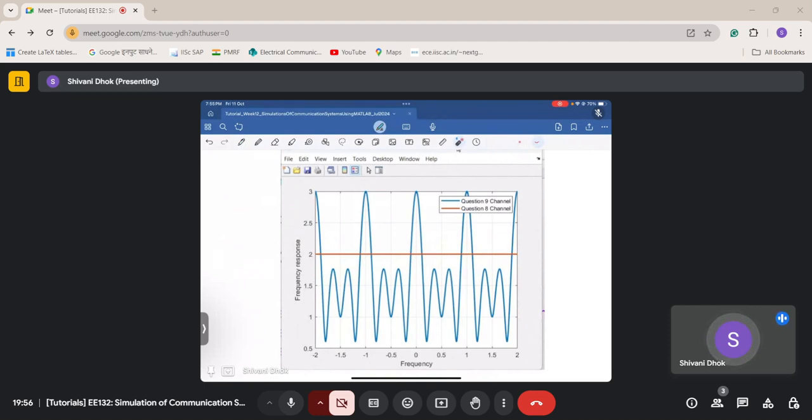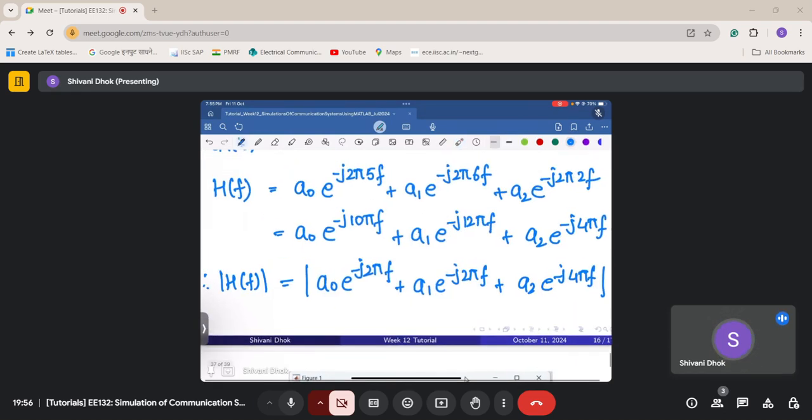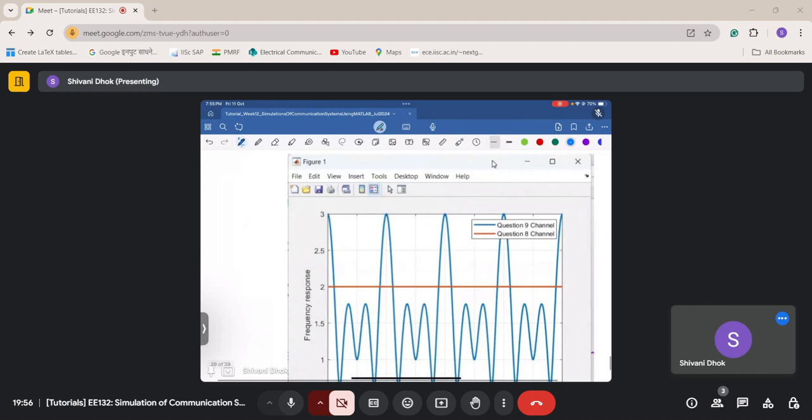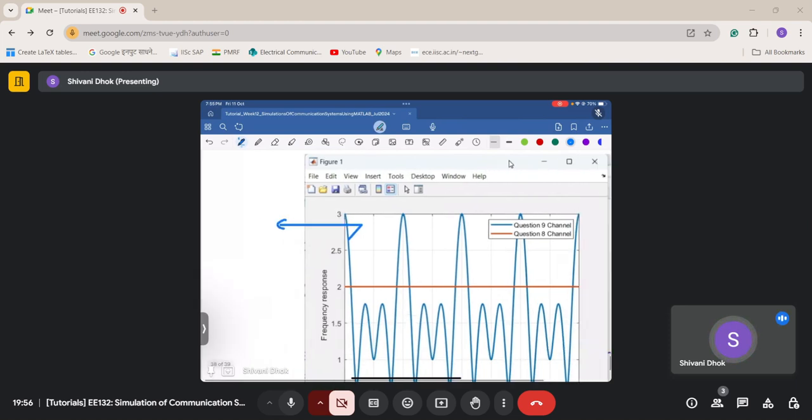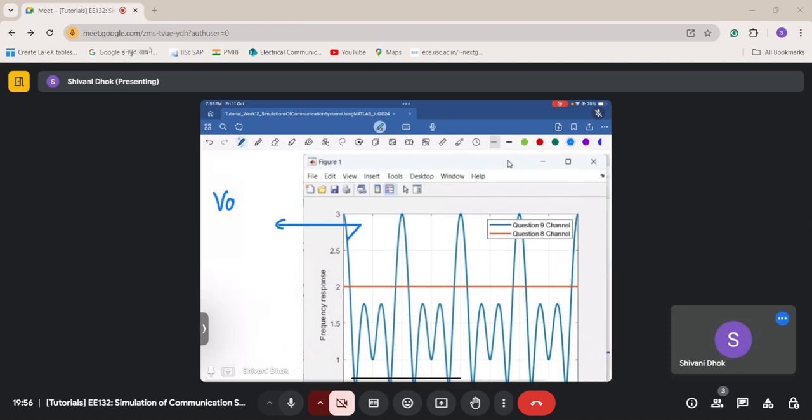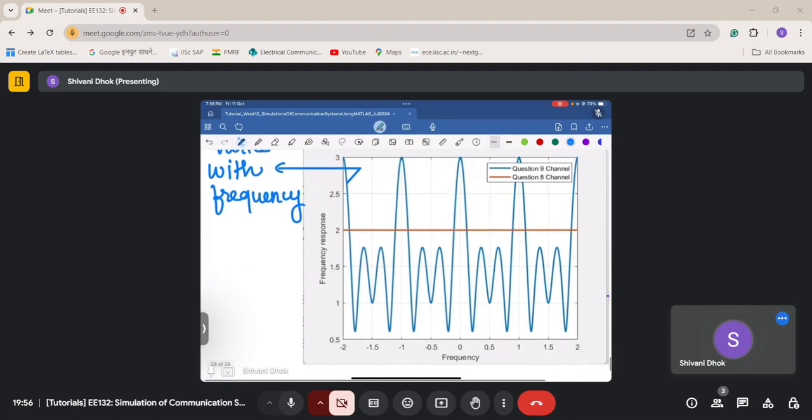So what we observe here is this question 9 channel, or this channel which we have here, varies with frequency. So it is selective, its response is selective to frequencies.